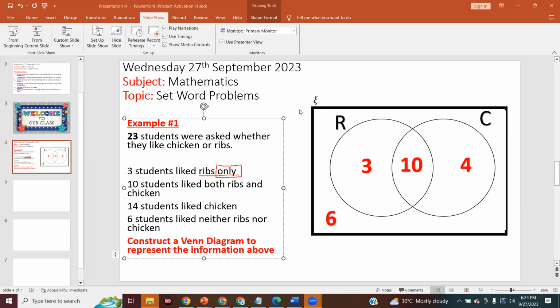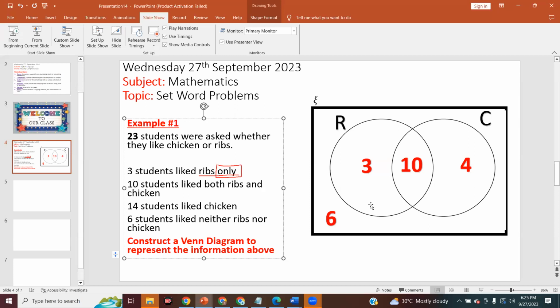Yes, because they're referring to the whole circle C. So why the 10? It's in the middle, it says 10 students like ribs and chicken. It's both ribs and chicken. So why the 10 ain't share with 3? No, the 10 is shared with 3 because 13 students like ribs.